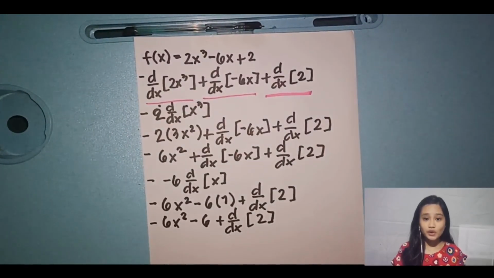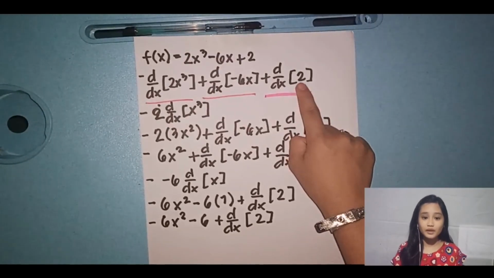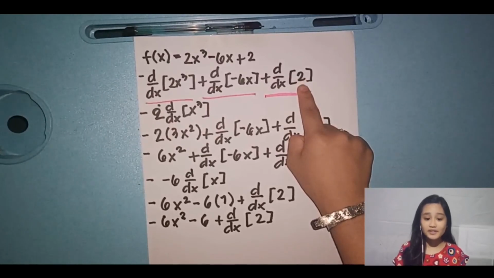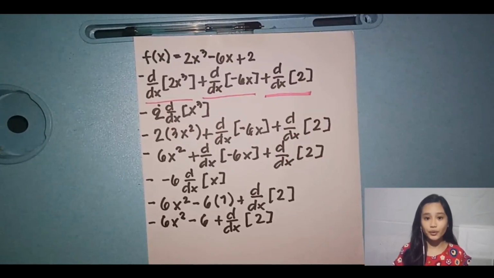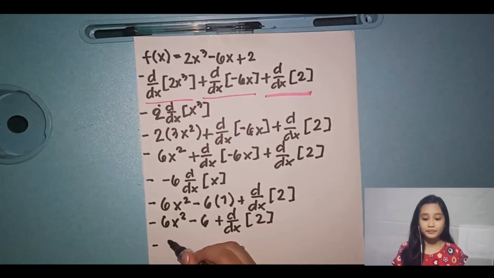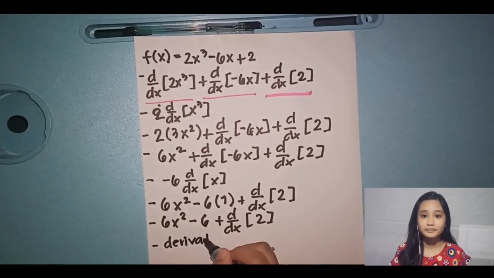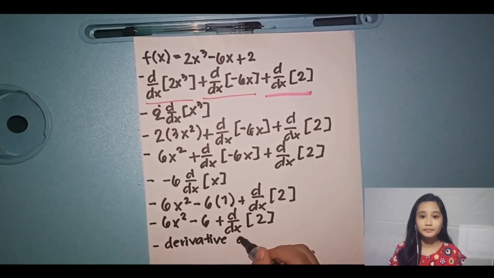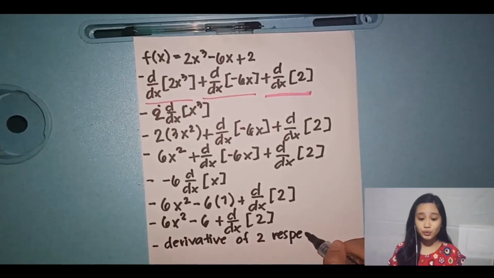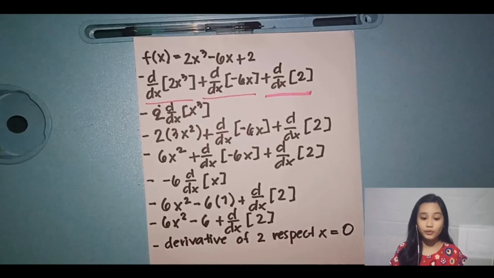Since 2 is constant with respect to x, the derivative of 2 with respect to x is 0.